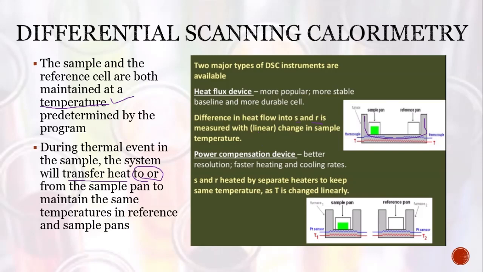So if there are any sample temperature changes here, then there will be either heat flow outside or heat flow inside so that it balances and gets to the original. Those changes can be linearly measured. We can have one within the same chamber, but we can also have those where the heaters have been separated.